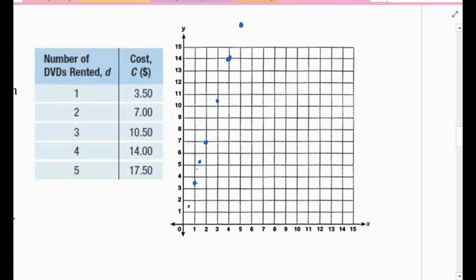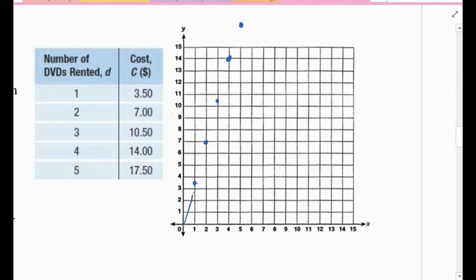If we could, we could put more points in between 2 points. But it does not make sense to rent a half DVD or like 1.7 DVDs or 1.8 DVDs. So we cannot put any more points other than the whole number points. So it does not make sense to join the points.